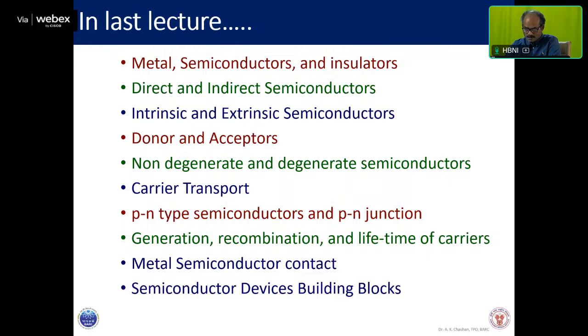These are the metal semiconductor junction, then the p-n junction, then the heterojunction, and fourth is the metal oxide semiconductor junction. So if you see any electronic or semiconducting device which is functioning, you can definitely see that any of these building blocks are used in those devices.